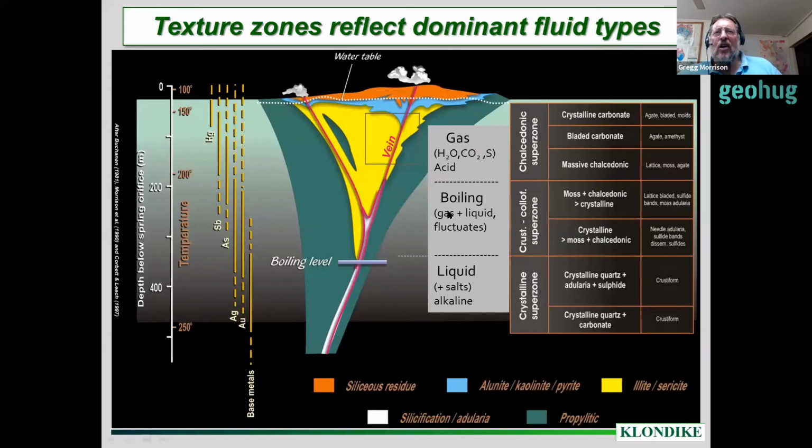Within the boiling zone, you have gas and liquid, but you have that progressive segregation between gas and liquid that fundamentally leads to a liquid dominated zone below, and within the boiling zone itself, ultimately a predominance of liquid in the lower part and gas in the upper part.